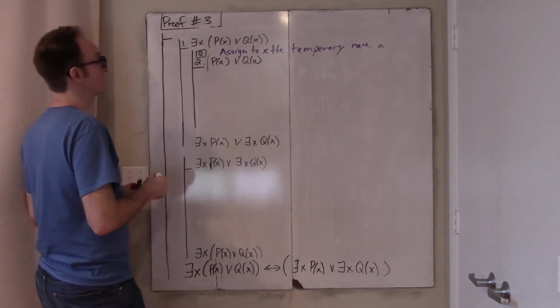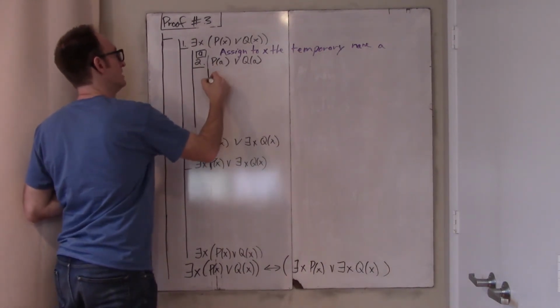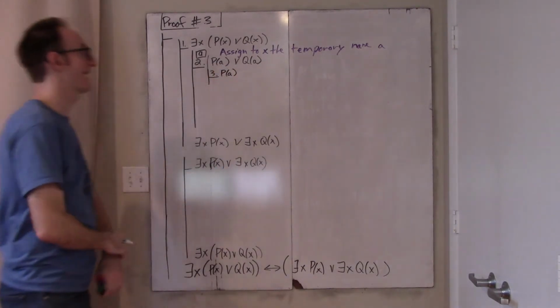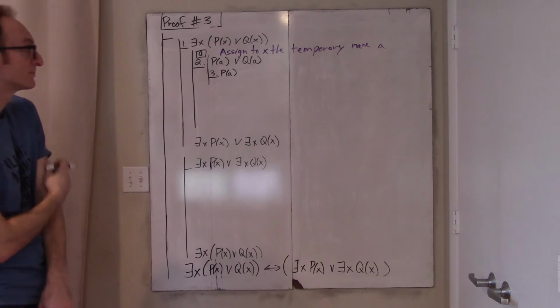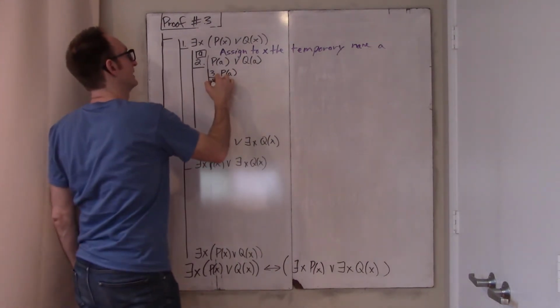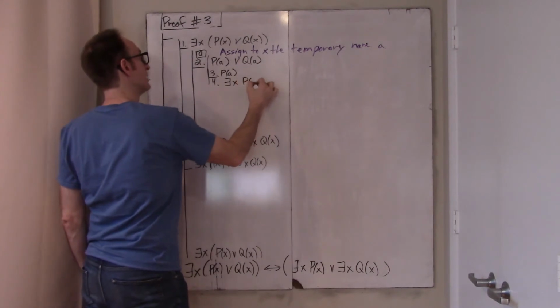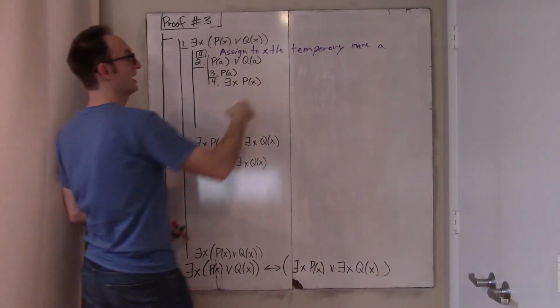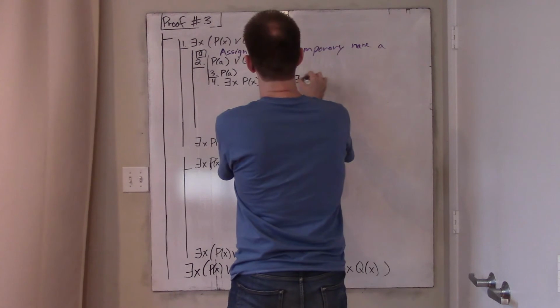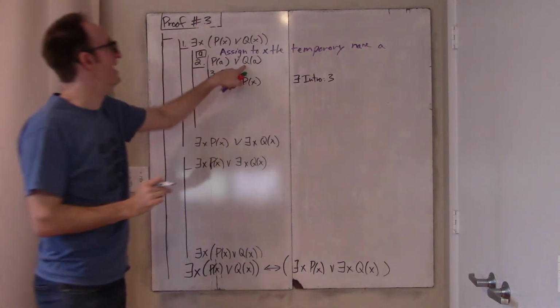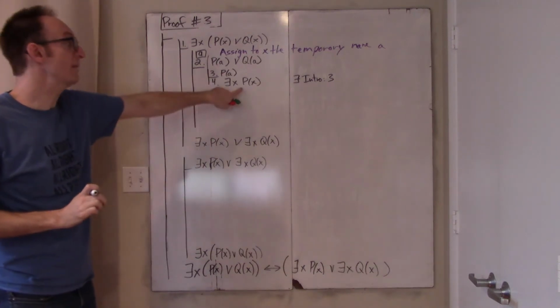So in line 3, I'm going to suppose that A has property P. But if A has property P, then I can say that there exists someone with property P. This is a basic existential introduction. If A has a property, then someone has that property.